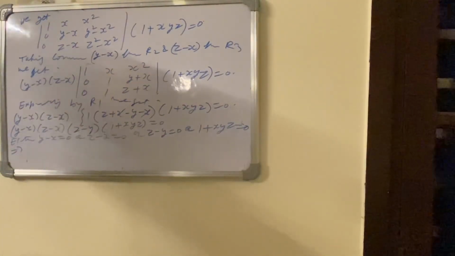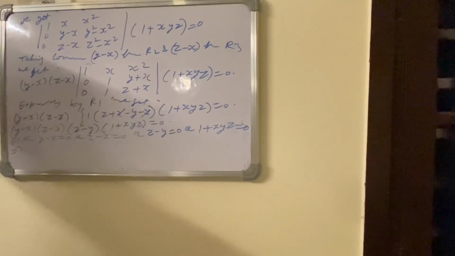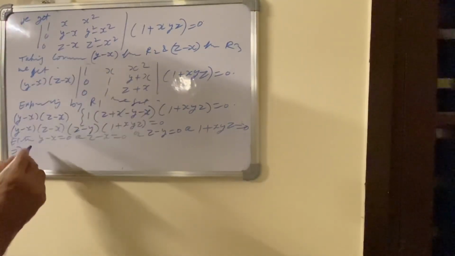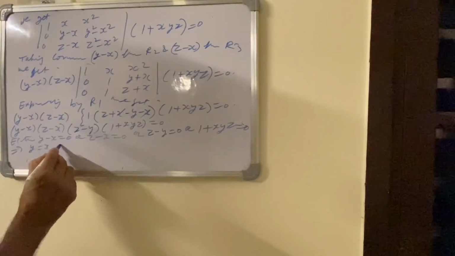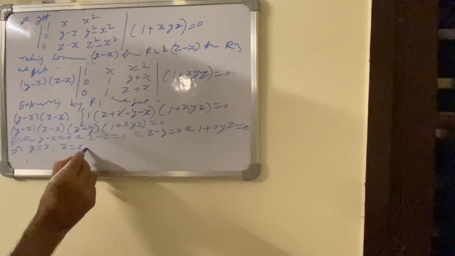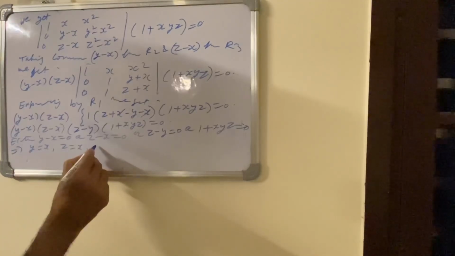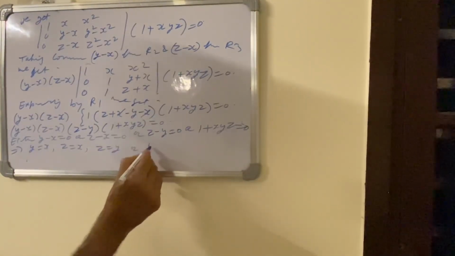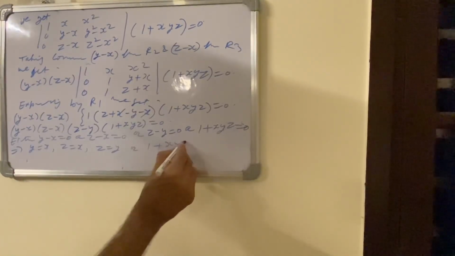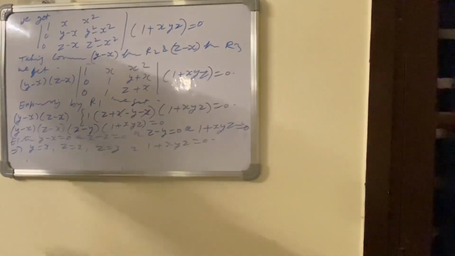So this will give you y is equal to x, z is equal to x or z is equal to y or 1 plus x, y, z is equal to 0.